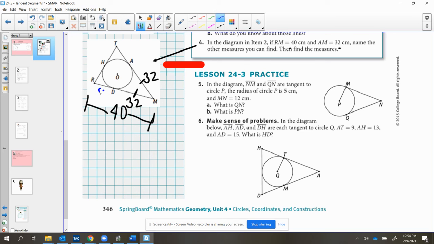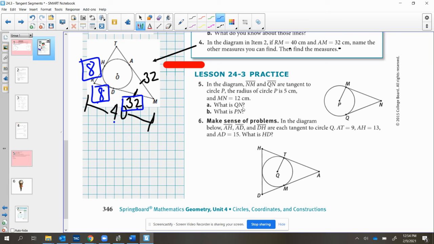That's going to help us find R to D, because 40 minus 32 is 8, which is also R to H. But those are the only measurements we can find. We can't find any others besides the 32, the 8, and the 8, because we don't have enough information to figure out the rest of this. If we knew the length of TM or TR, we possibly could.